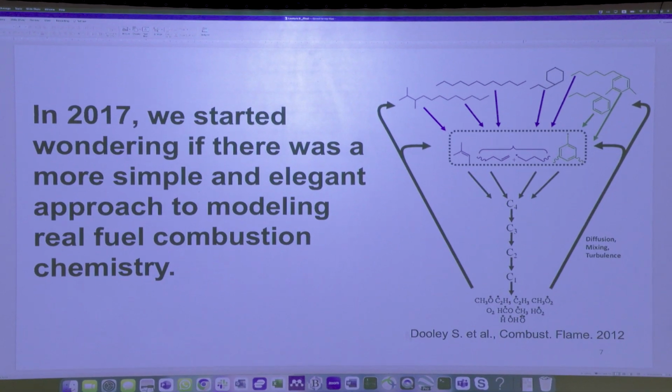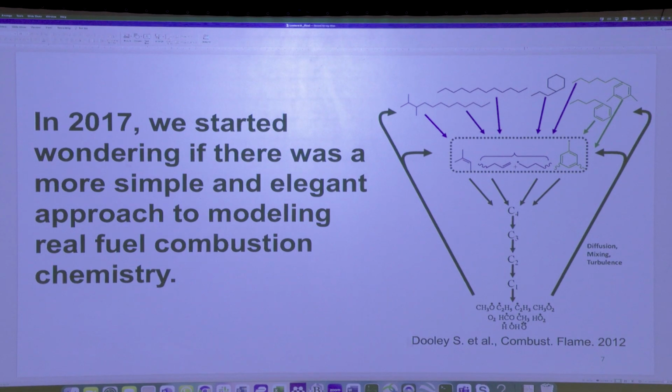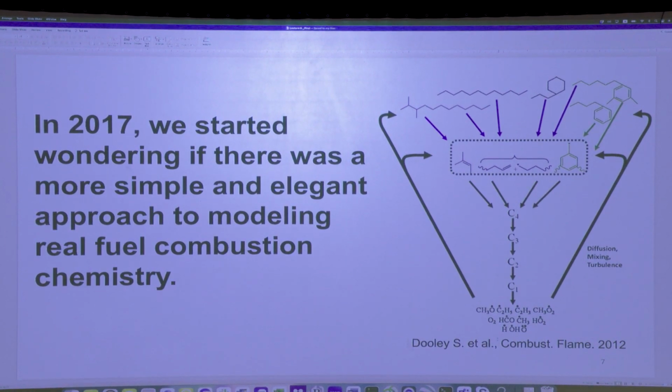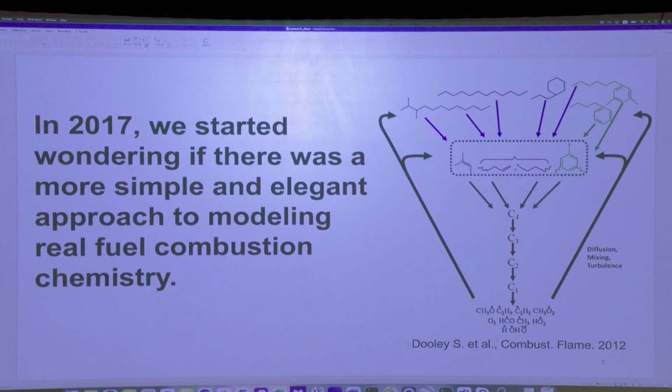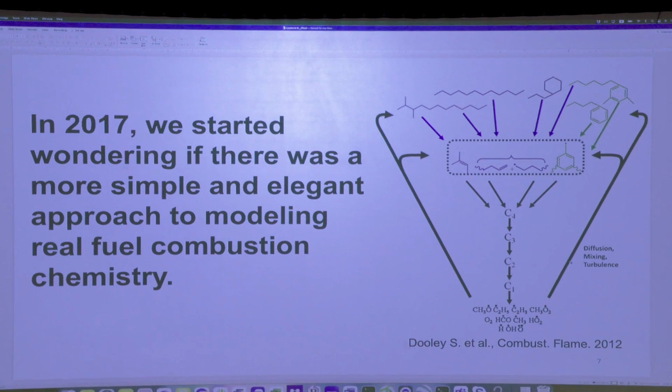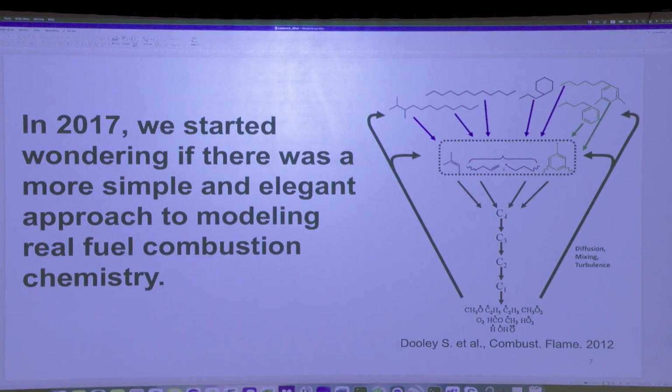And again, we always say the small radical pool, the rate of buildup of this pool, the concentrations of these species are what govern all combustion phenomena. The ignition times, the extinction, the flame speeds, the major species that are produced as well. And this, of course, can always be coupled with things like diffusion and mixing and turbulence.